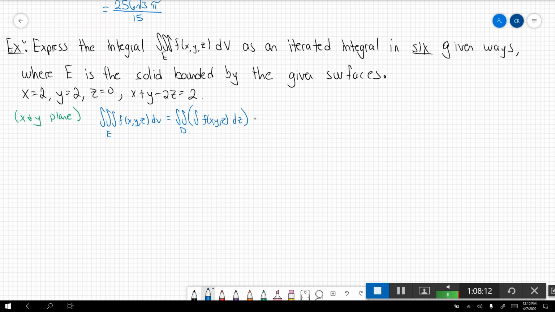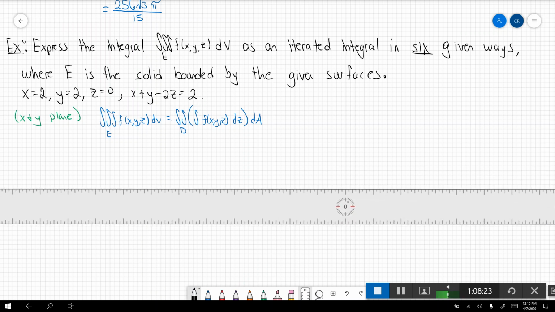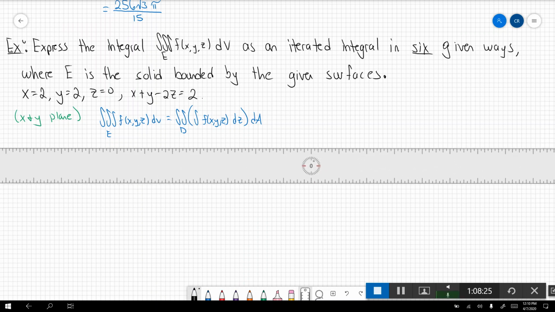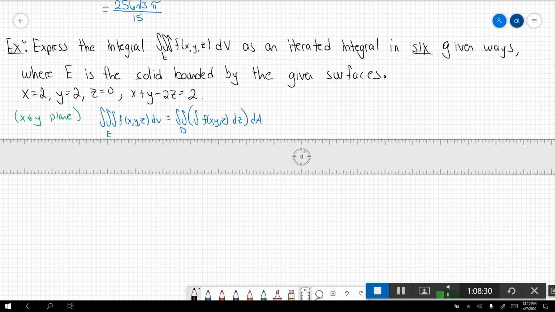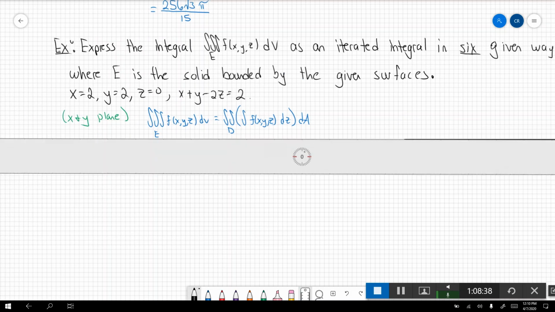That's going to be dz, and this is all with respect to dA. Alright, so let's go ahead and start drawing this. Let's sketch the domain first. Anytime that you're working with these types of problems, you always want to go with the domain first. As soon as you can figure out what domain you want, everything else kind of just falls into play after that.